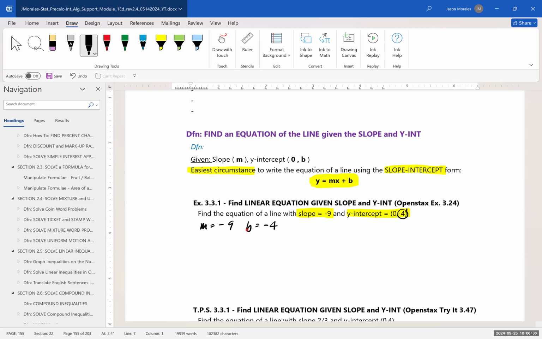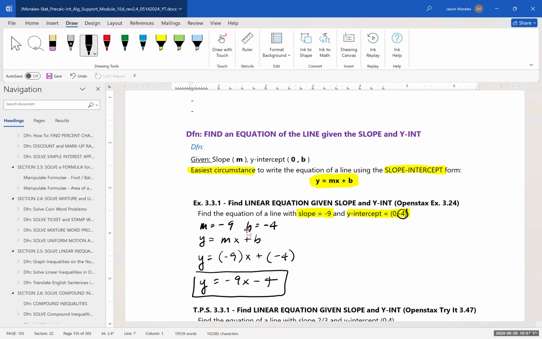So then b is going to be -4. And the slope-intercept form is y equals mx plus b. And so we would have y equals -9x plus -4, or y equals -9x minus 4, just like that.